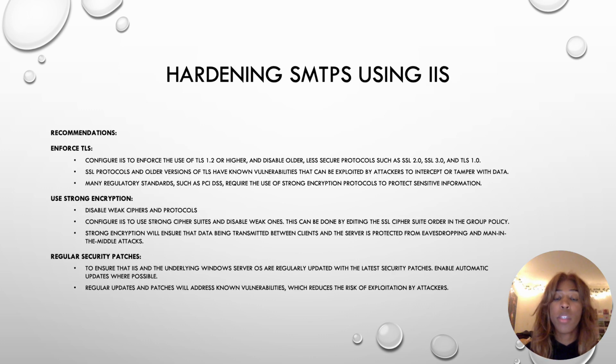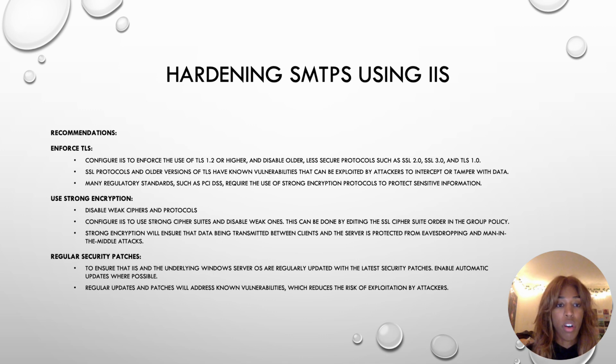Hardening SMTPS using IIS. So these are some recommendations that I have. So you would enforce TLS. You configure IIS to enforce the use of TLS 1.2 or higher and disable older, less secure protocols such as SSL 2.0, 3.0, and TLS 1.0.